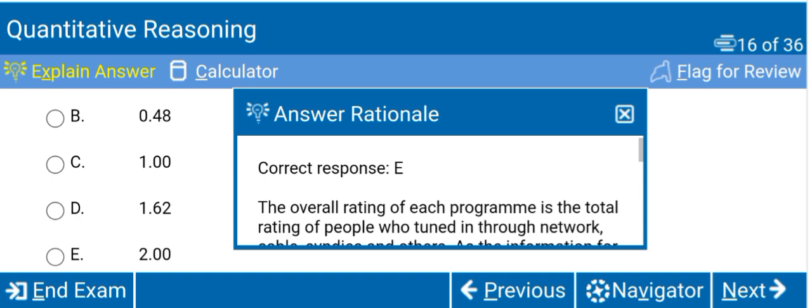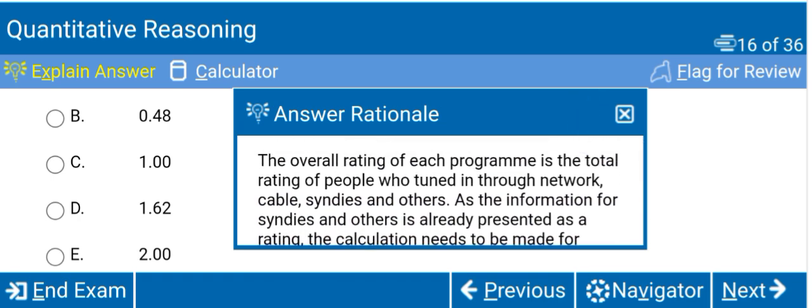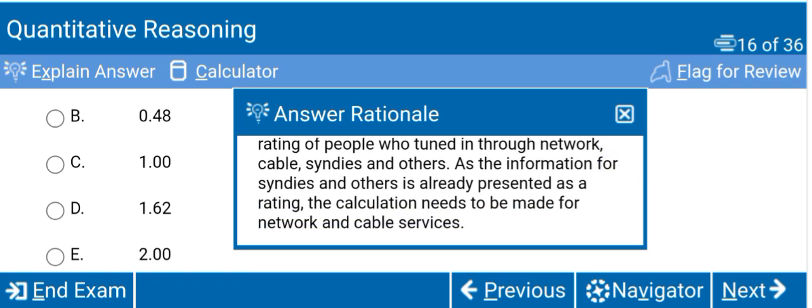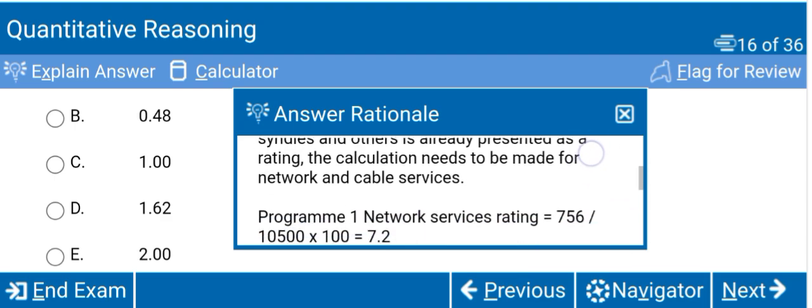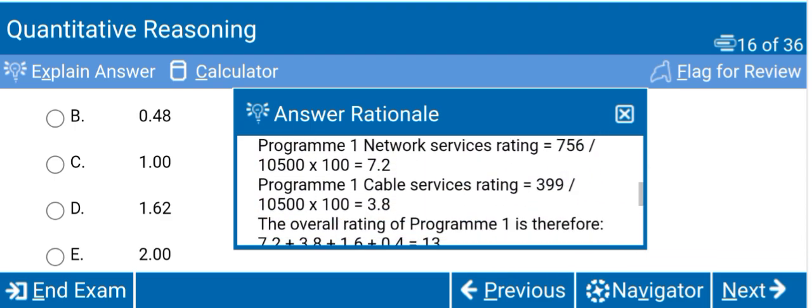So here we have correct response is option E. The overall rating of each program is the total rating of people tuned in through network, cable, Cindy's and others. As the information for Cindy's and others is already presented as a rating, the calculation needs to be made for network and cable services.